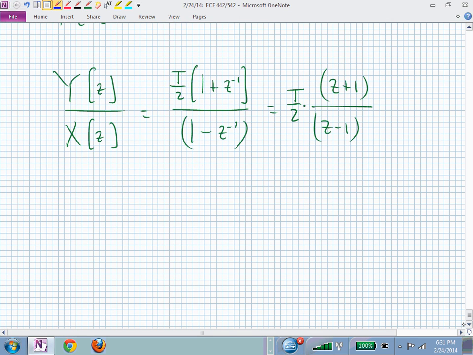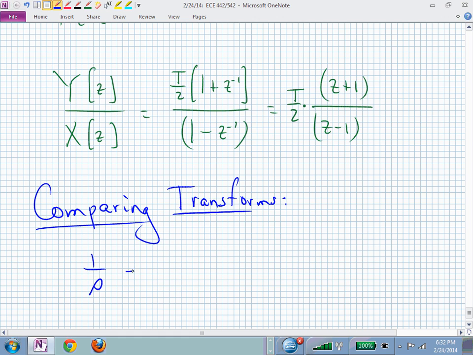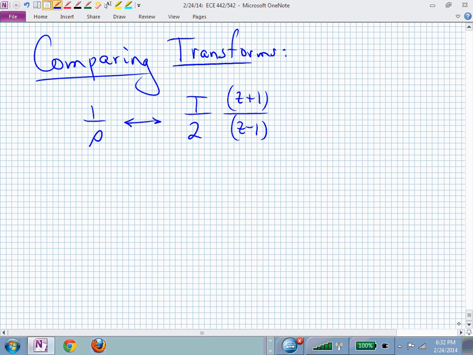And if we compare these transforms, S and Z, we're now looking at 1 over S being equivalent to T over 2, z plus 1 over z minus 1, or S is now the reciprocal of that top line. It's now 2 over capital T, z minus 1 over z plus 1.